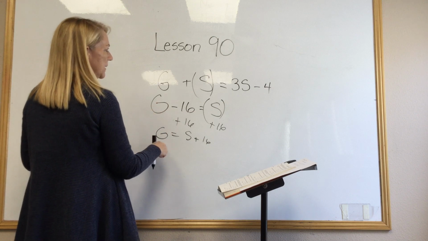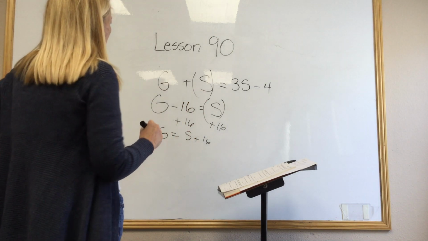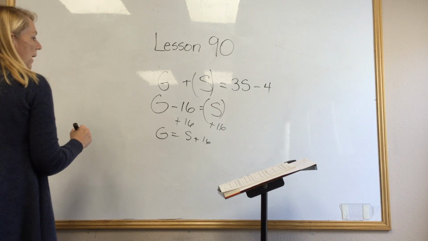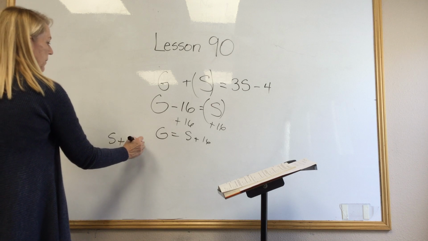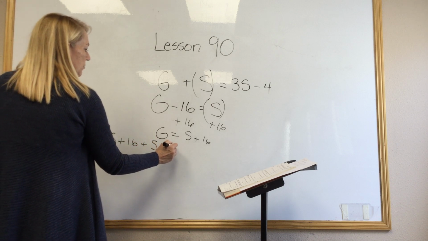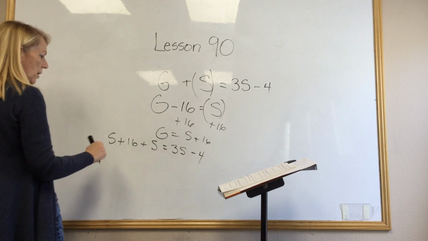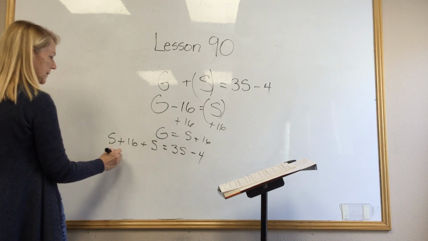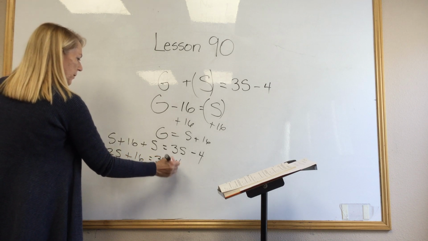I'm modifying this one right here so that I have no G's up here. So, I have S plus 16 plus S equals 3S minus 4. Now I'm in business. So S plus S is 2S plus 16 equals 3S minus 4.